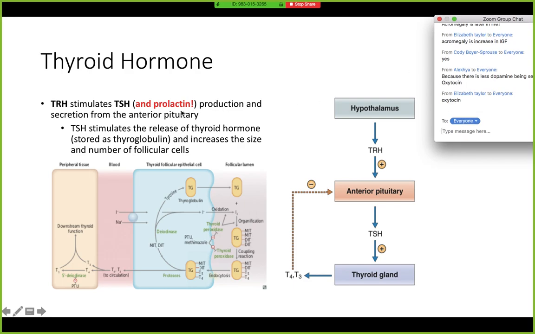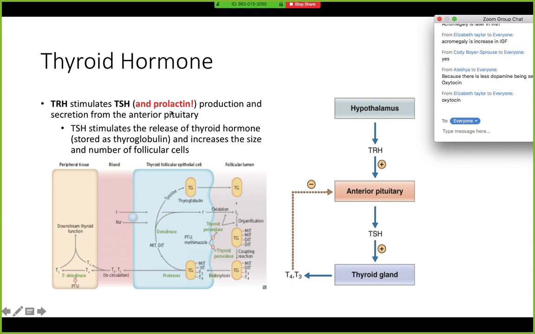So just a review of thyroid hormone. You have TRH being released from the hypothalamus, and your TRH is going to stimulate the anterior pituitary to release TSH, which stimulates the thyroid gland to release T3 and T4, and that's going to feedback inhibit your anterior pituitary.